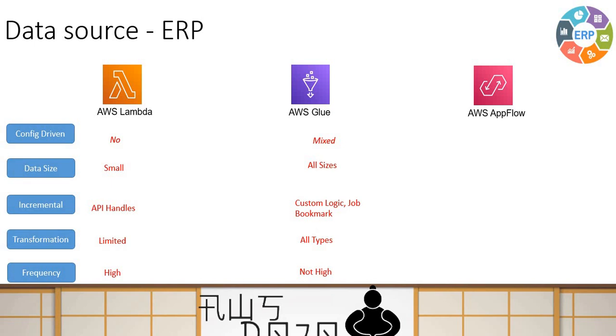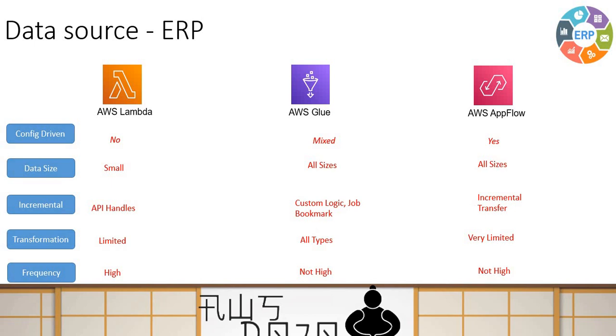In case of AppFlow, it is completely configuration driven. You don't write a single line of code. It's a completely configuration driven approach to transfer data from your ERPs or applications to the AWS platform. You can handle a very large amount of data. It supports incremental transfer, and the incremental transfer configuration changes from application to application.